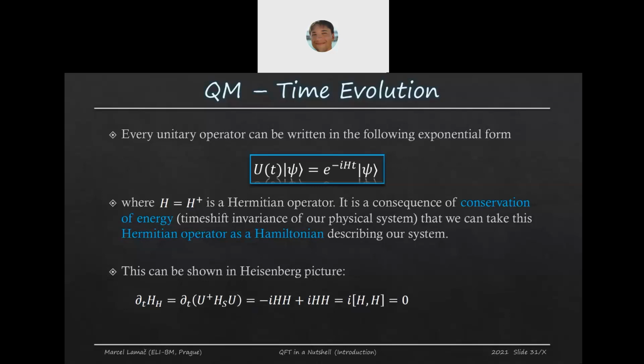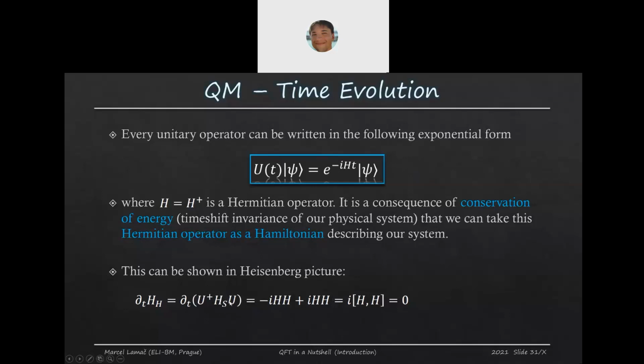Then, if we differentiate all the three terms, and in the Schrödinger picture no operators depend on time, so this is immediately zero, and the derivative of U from this first equation simply gives us minus iH.